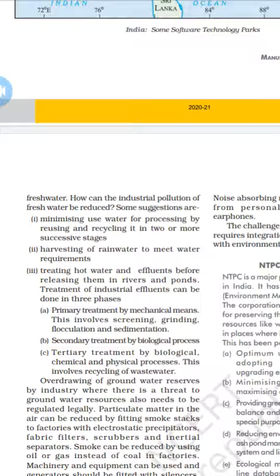They are fitted for the filtration of air which is released from these industries. And reducing the smoke by using oil and gas instead of coal in factories.